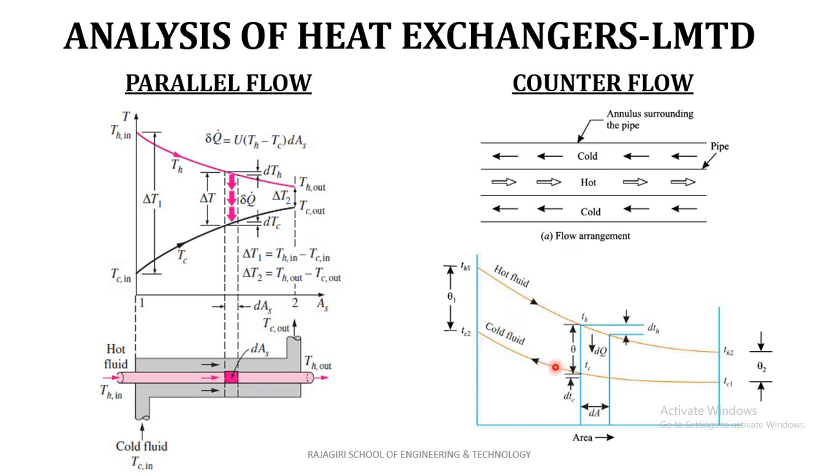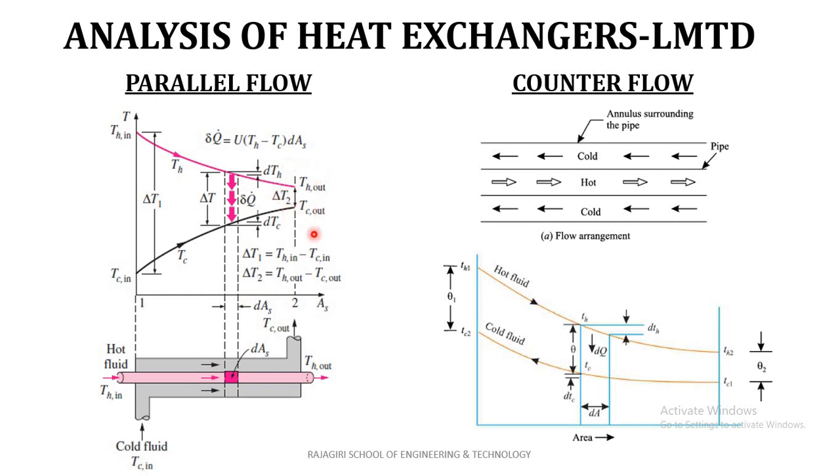In a counter flow heat exchanger, this is the inlet temperature of the hot fluid, and this is the outlet temperature of the cold fluid. Theta 1 represents Th1 minus Tc2 in case of counter flow, but in case of parallel flow, it is Th1 minus Tc1.